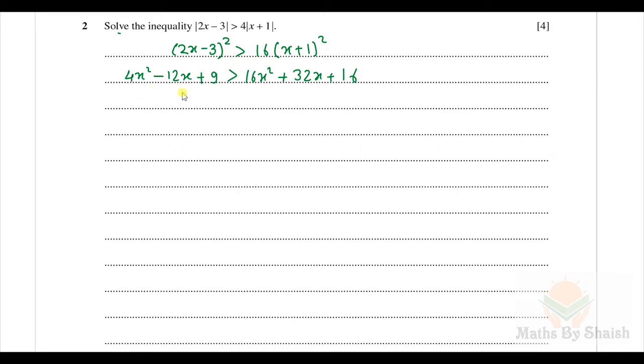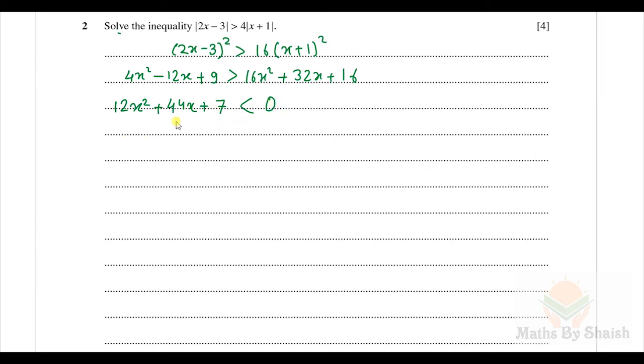So I'm going to transfer everything to the left hand side. So 16x square minus 4x square is 12x square. 32 plus 12, because it is minus, 32 plus 12 would be 44x, and 16 minus 9 is 7. So it is going to be plus 7 and less than 0.